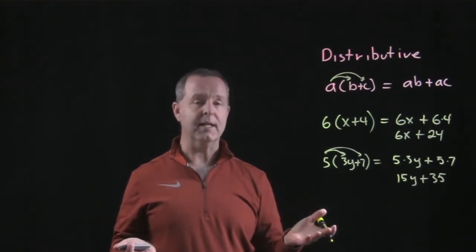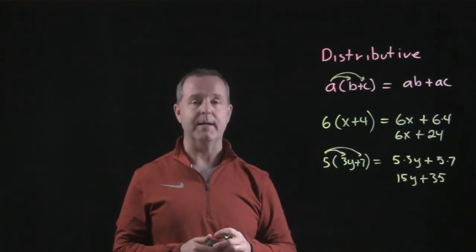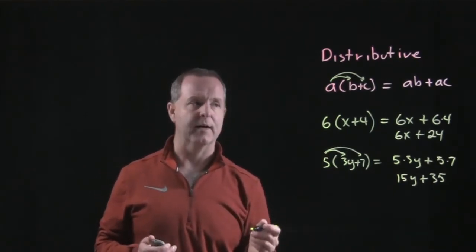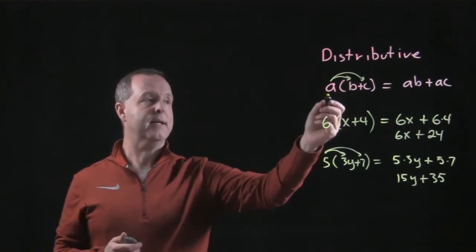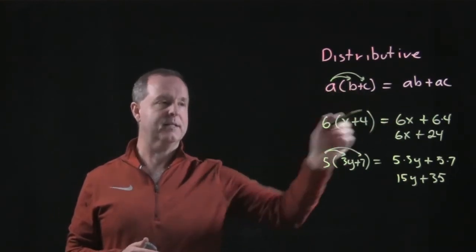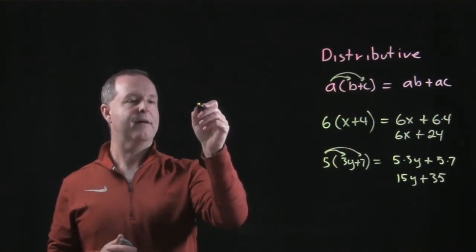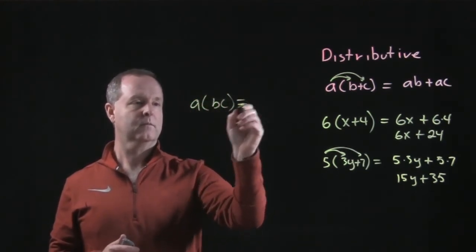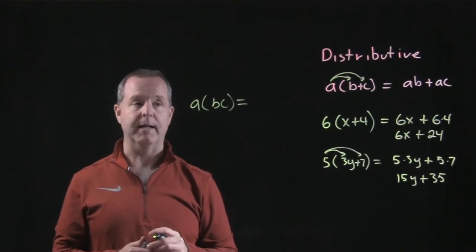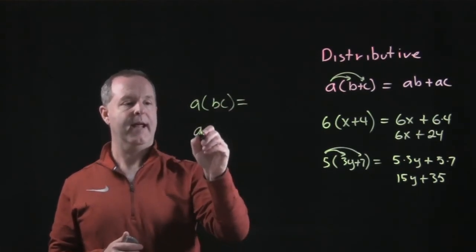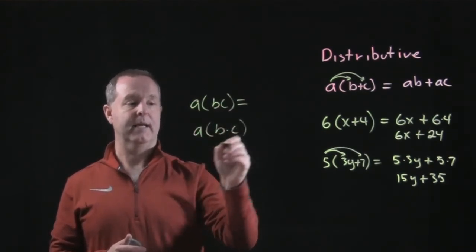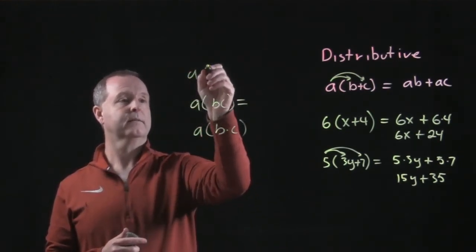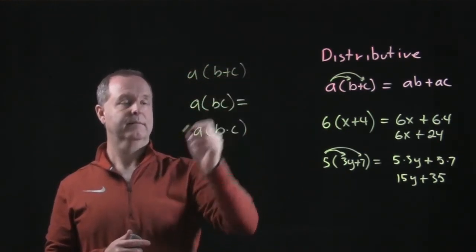Now, I don't want you to get confused with the distributive property and maybe the associative property. Those are a little bit different. Distributive property says a times (b plus c). Let's say that I have a times b times c, as compared to a times (b plus c).